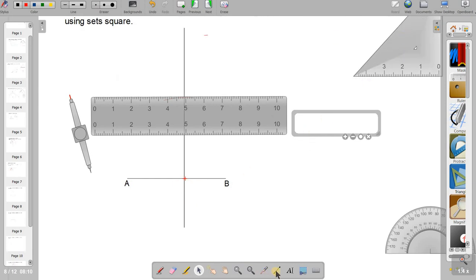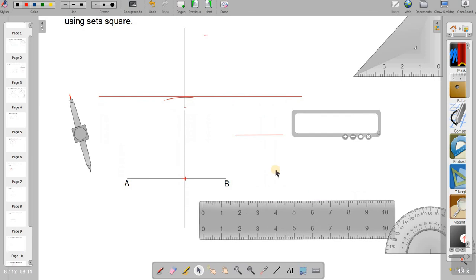I can draw one more line here from here to here, which is the line required. The line required is drawn parallel to the given line. So this is how I will be drawing this line. This is an extra line, which has come due to a mistake. Okay. So the line which is at 4.3, you can see it, the distance is 4.3.